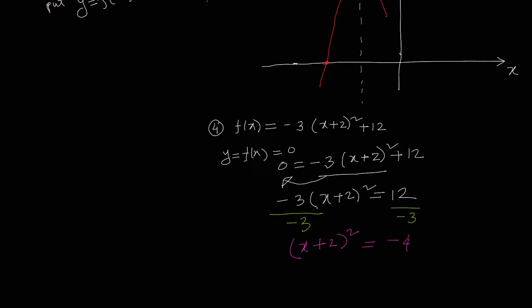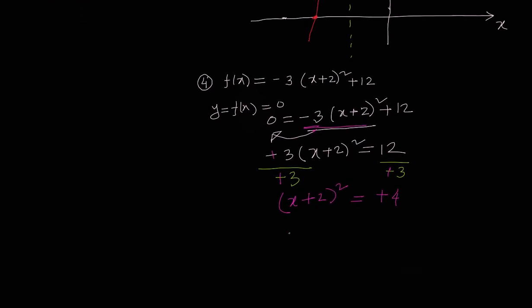Oh no, I made a mistake actually. When I take this -3(x plus 2) square to the other side, it will be +3, so this will be +4. So now I get x plus 2 equals plus minus square root of 4, which is plus minus 2.